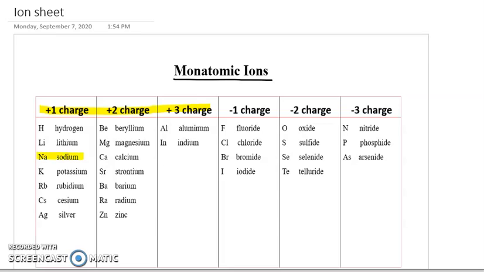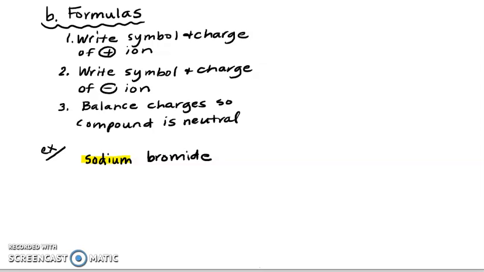There's sodium. The symbol for sodium is Na. The charge is +1. Do you see how that works? We look at what column it's in. So we're going to go ahead and write down Na over here. And then I'm going to write the charge +1 kind of over here, to keep track of it.